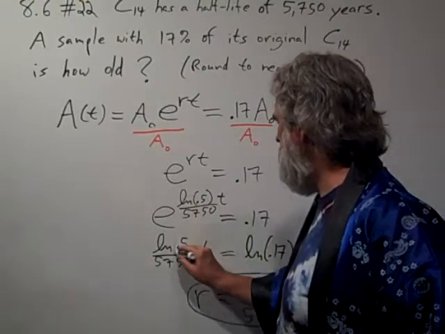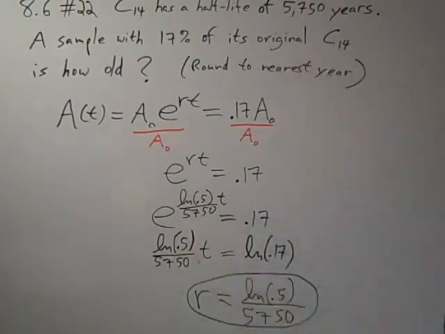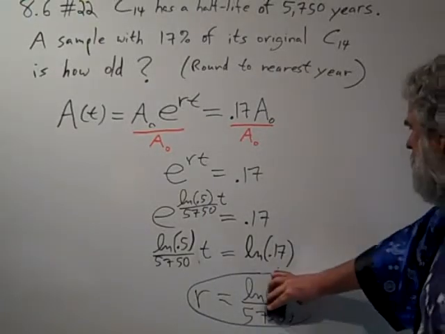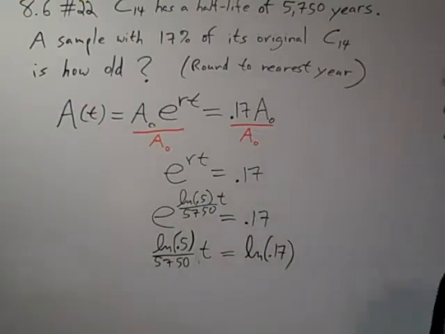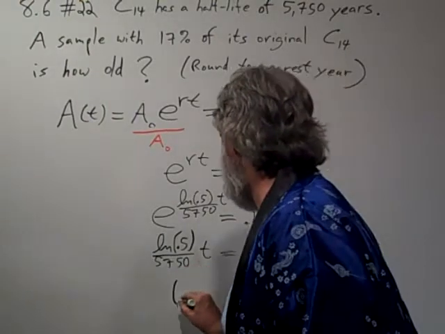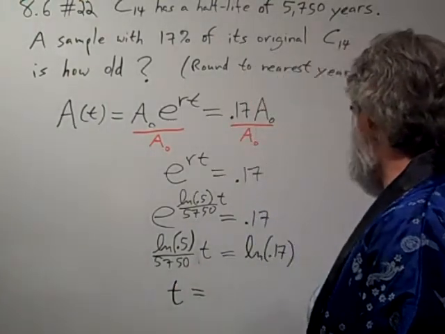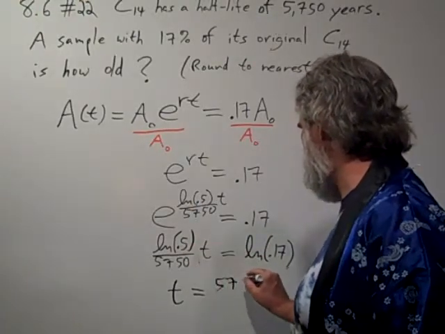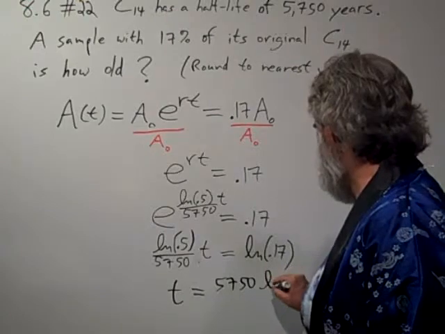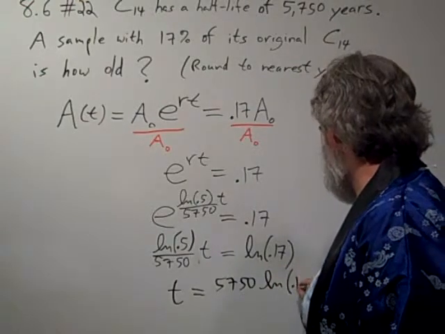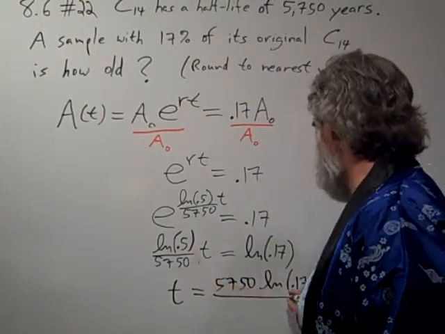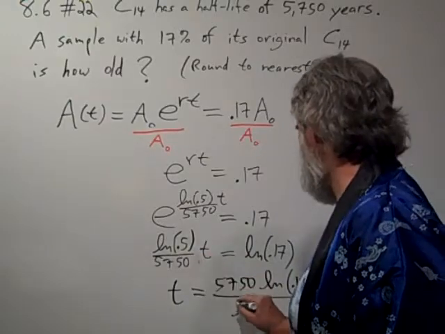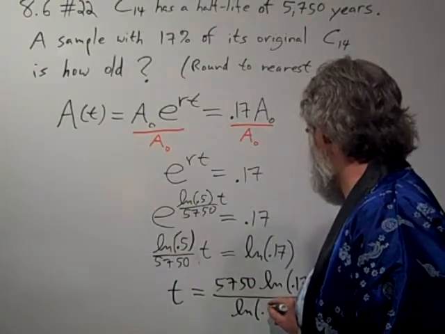That's the natural log here of 0.5 divided by 5,750 all times t. Therefore, solving for t, we get that t is equal to the reciprocal of this, so it's 5,750 times the natural log of 0.17, all divided by the natural log of 0.5.